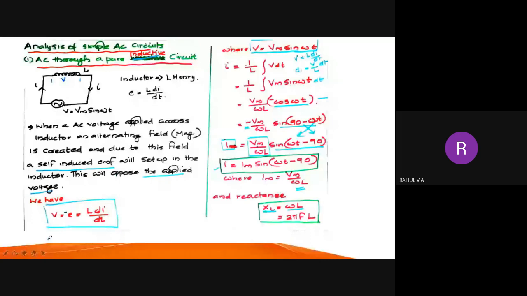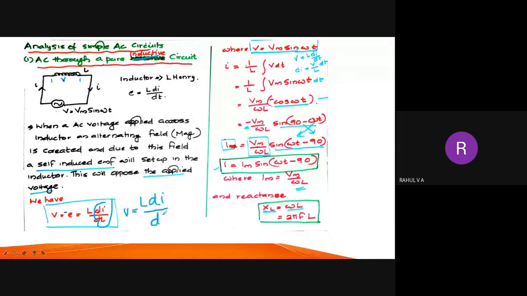So the formula is V is equal to L di by dt. This formula has a current term, that is di by dt, so we have to find out what I is from this formula.